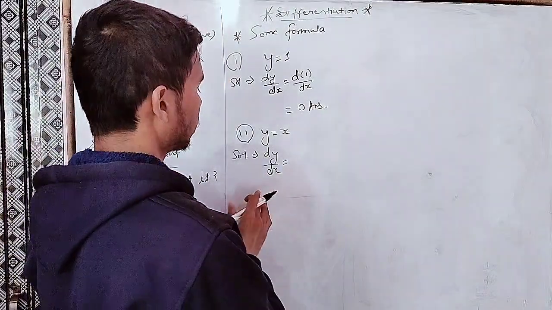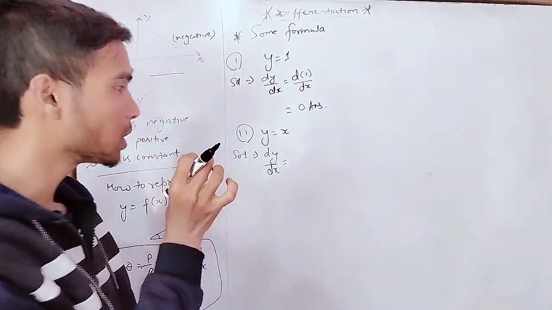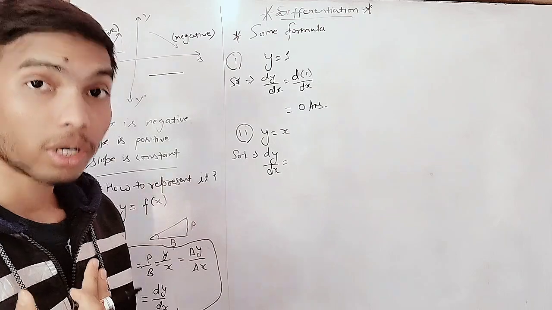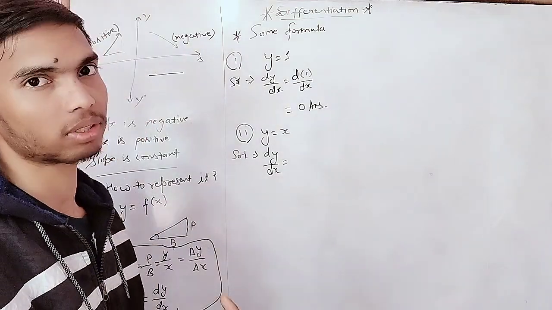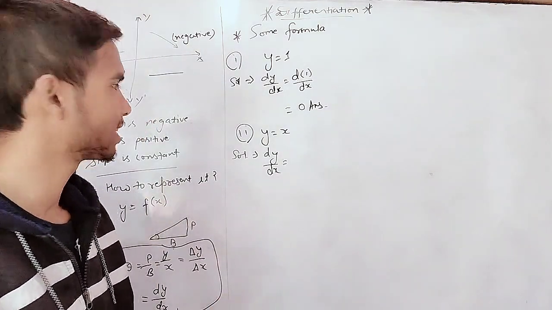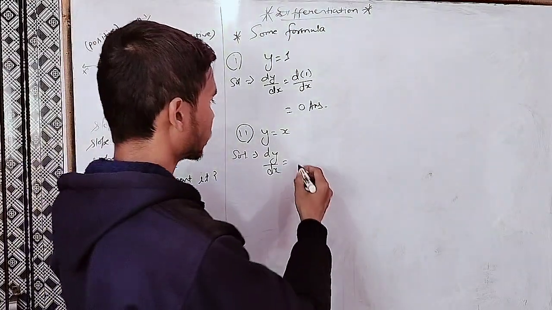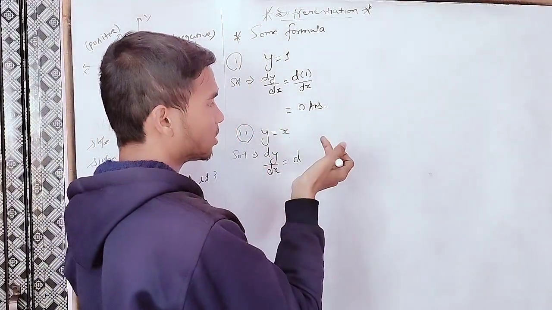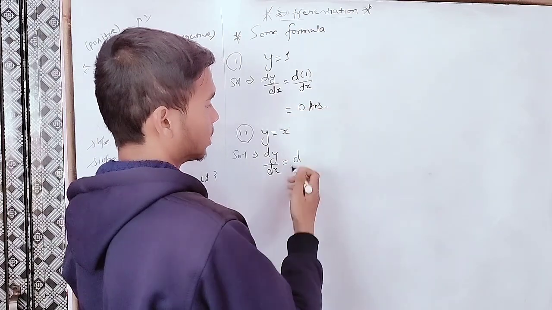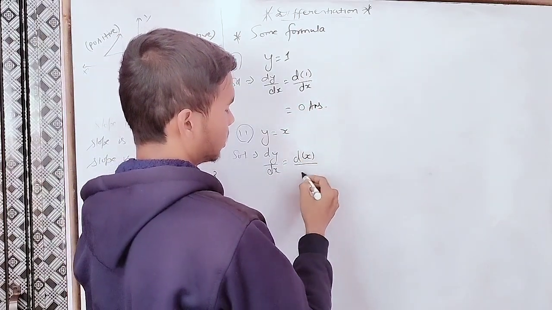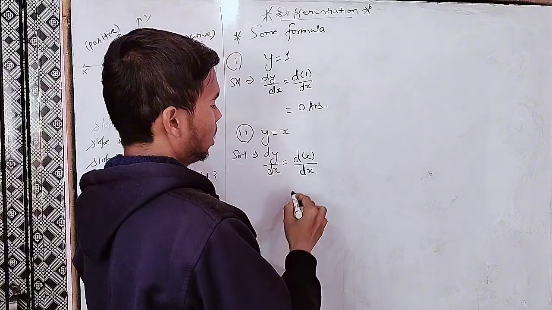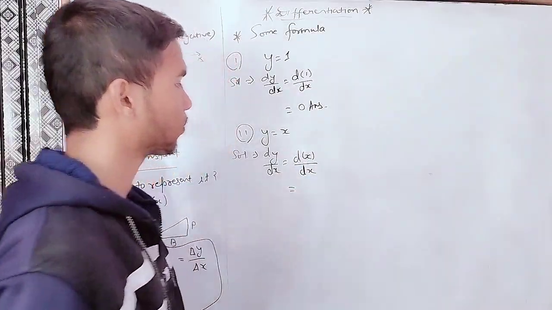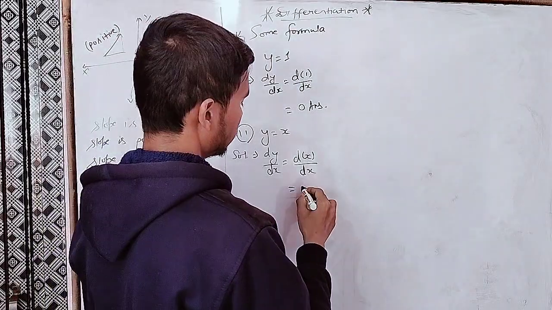I wrote dy upon dx because now we are doing differentiation. So we have to differentiate x. So here x we will write. So always remember the differentiation of x is always 1.